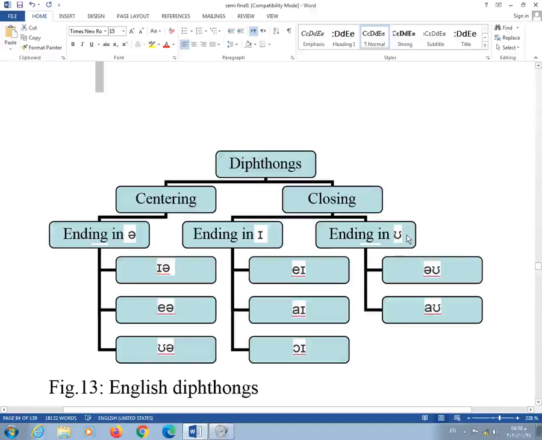So what are the three diphthongs ending in A, I, oi? And what are the two ending in O, ow? Okay, so these are the 8 diphthongs. How do we remember them? 3 ending in schwa, 3 ending in e, and 2 ending in o. 3, 3, 2. Okay.